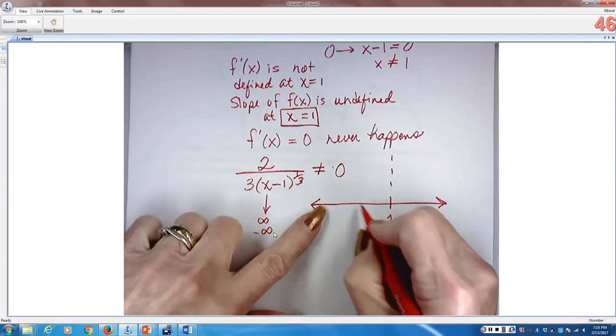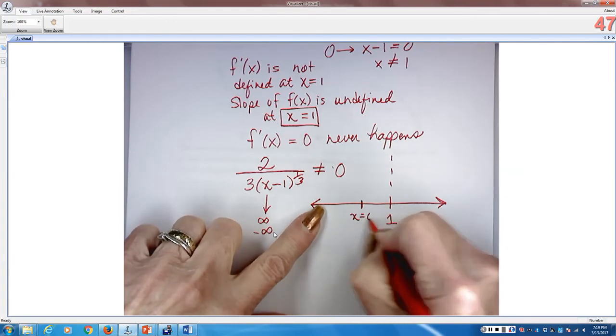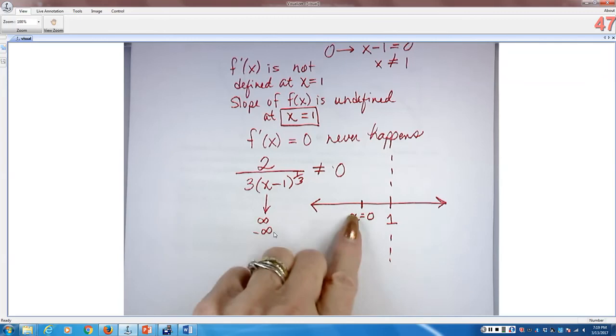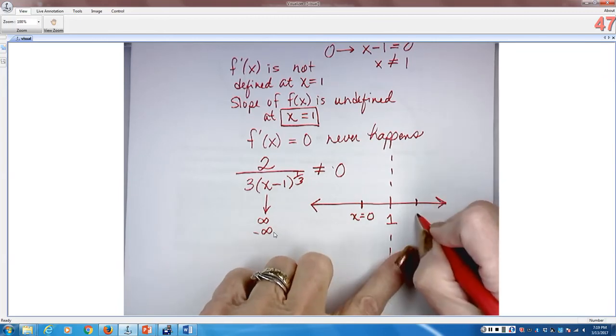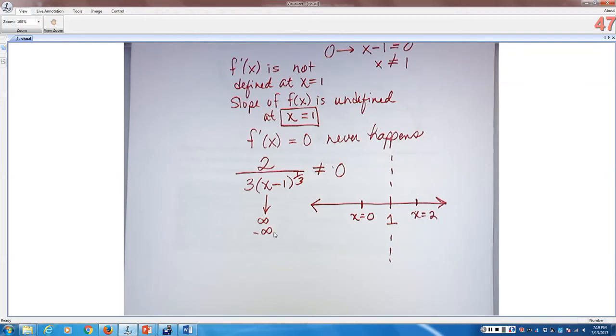And on the left-hand side, we have x equal to 0 because 0 is to the left of 1. On the right-hand side, because we don't want to pick big numbers, we like small numbers, we'll test in 2.